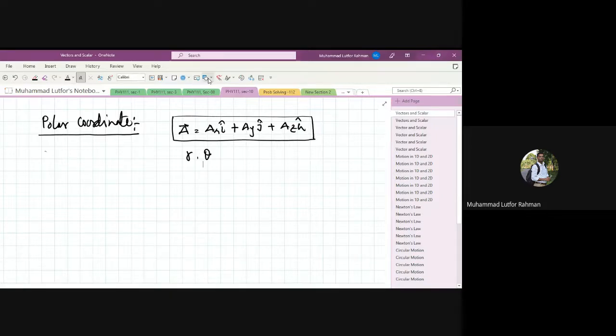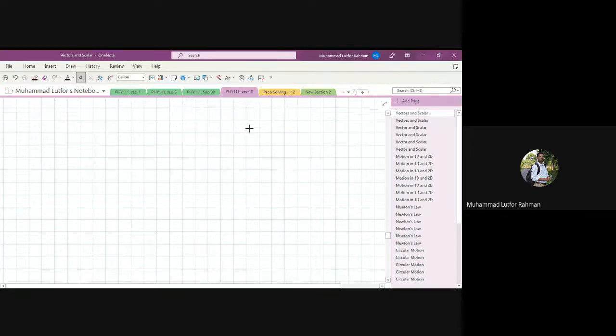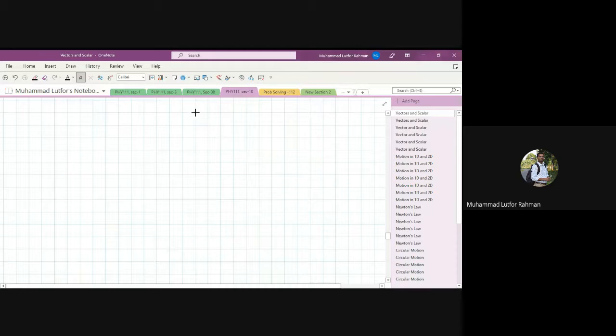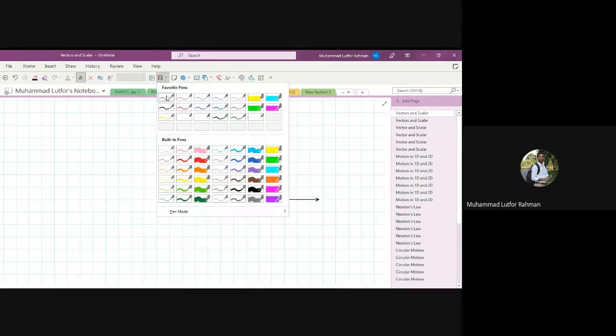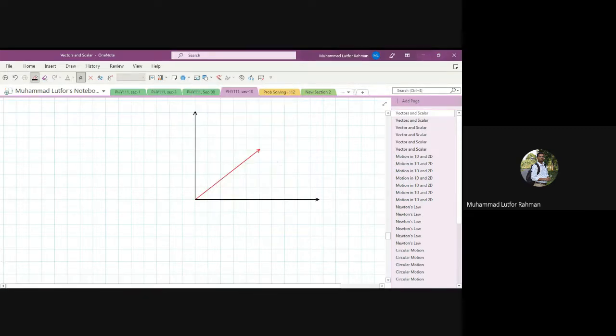Do you know polar variable or polar coordinate? Yes, sir. It is basically the two-dimensional case. Say you have a vector and the coordinate of that point, say x and y in the Cartesian coordinate system.